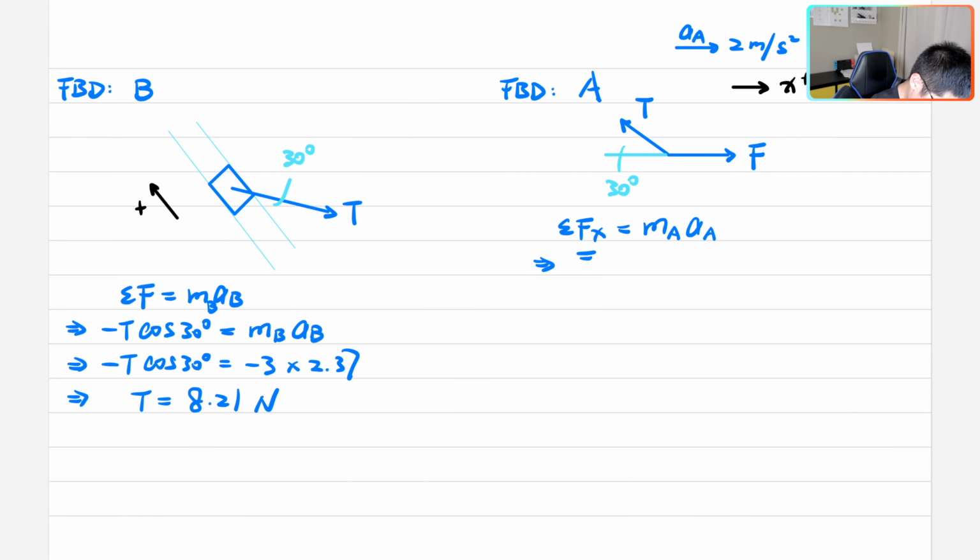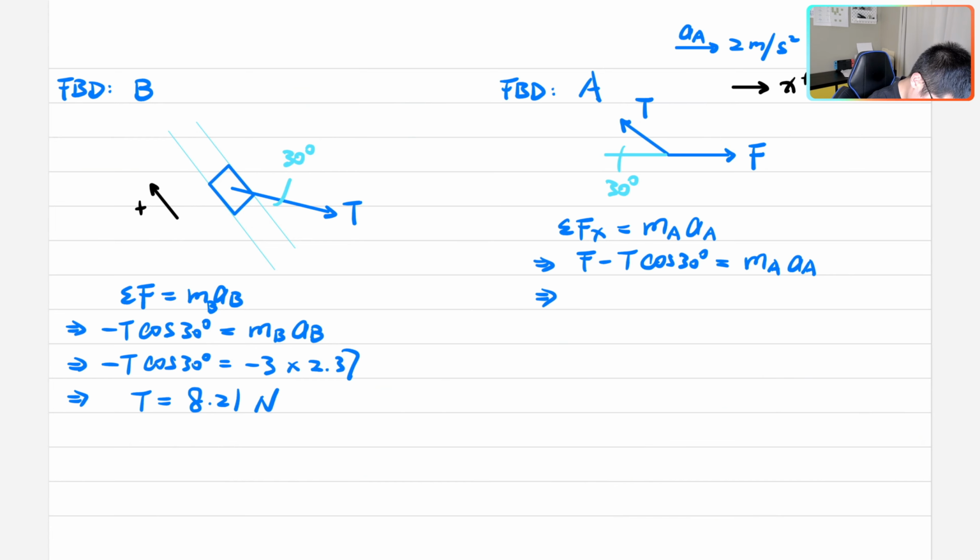So we have the force F minus T cos 30 degrees, the horizontal component of the force from the bar at A, equals m_A a_A.